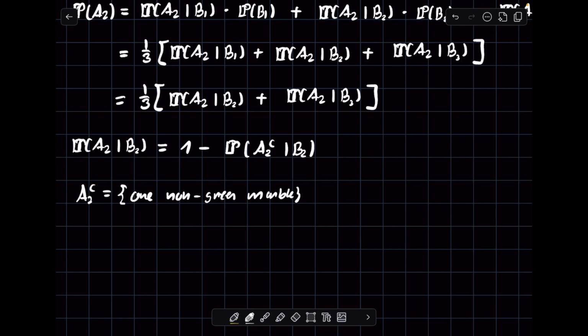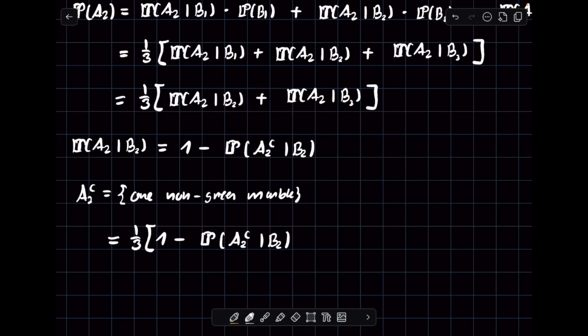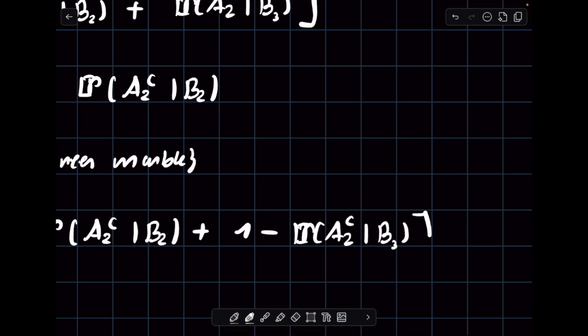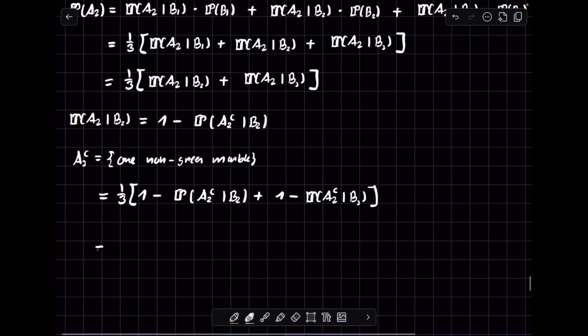So we are going to rewrite this as, obviously, 1/3. Then we write this for the first one. And we do plus 1 minus, and then this one, but the complement. Let's just add up the ones first of all.